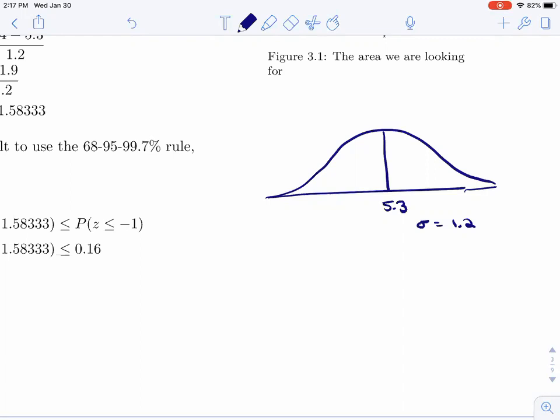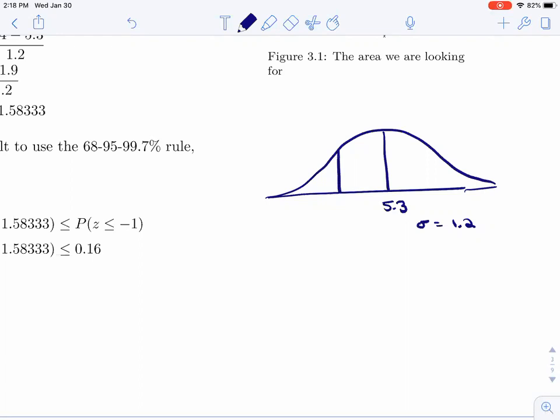And then the number that we're interested in is 3.4. One thing to keep in mind is that down here on this axis you just have a number line. So 3.4 would go to the left of 5.3, and anything above 5.3 would go above it. We just draw these to get an idea of what we have to do, kind of making a plan of attack.